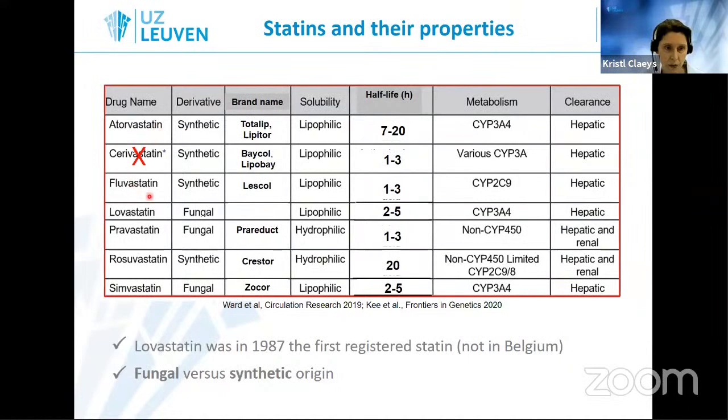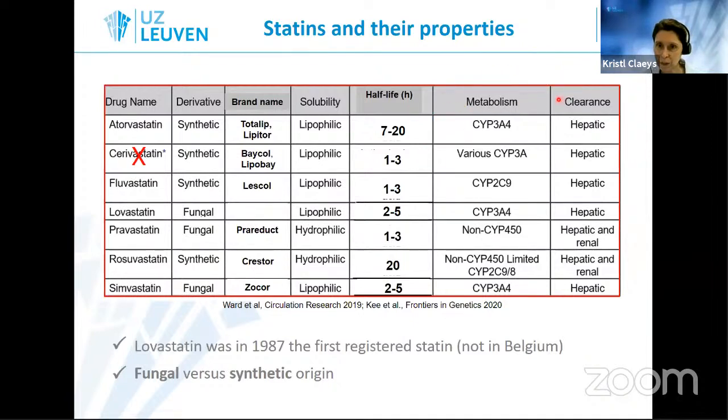And then the others that we know well have different properties. Especially important will be the half-life of the statins. You can see that, for instance, atorvastatin and rosuvastatin have long half-lives, and there are others like fluvastatin that have short half-lives, and that will be important later on when we discuss the side effects.